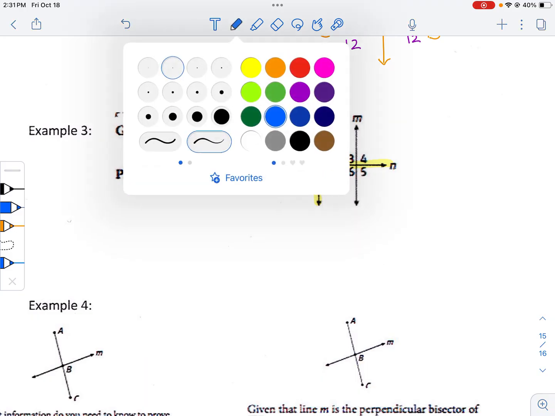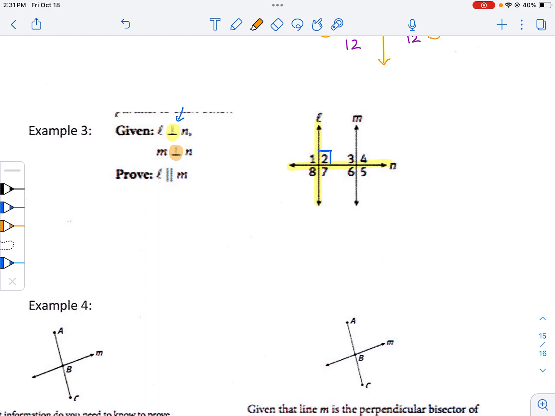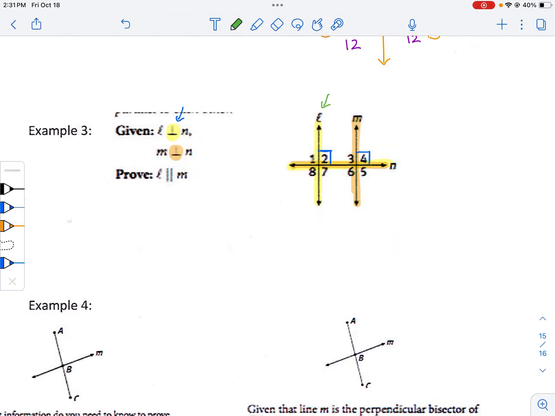It also tells us that line M is also perpendicular to N. So I'm going to draw another little right angle. And we want to prove that L and M, that's these two lines, are parallel to each other. Okay, when we're given a proof, we're going to try to write out a couple of sentences that can really explain how we know this.